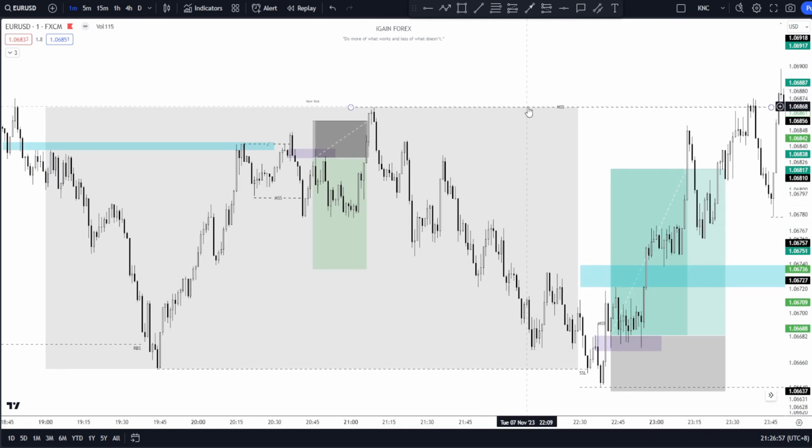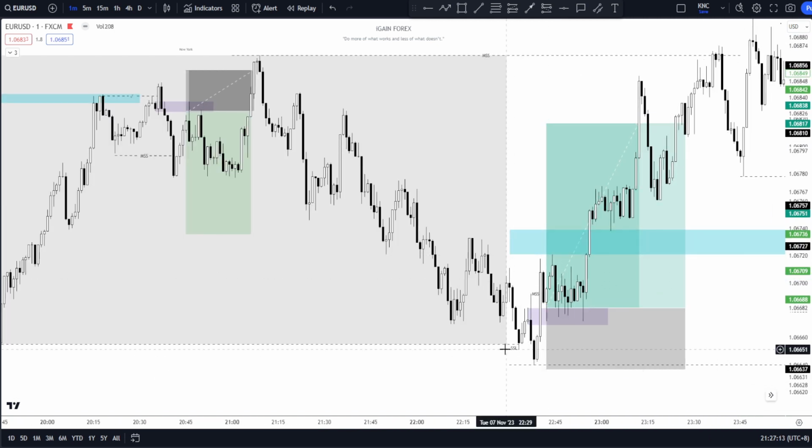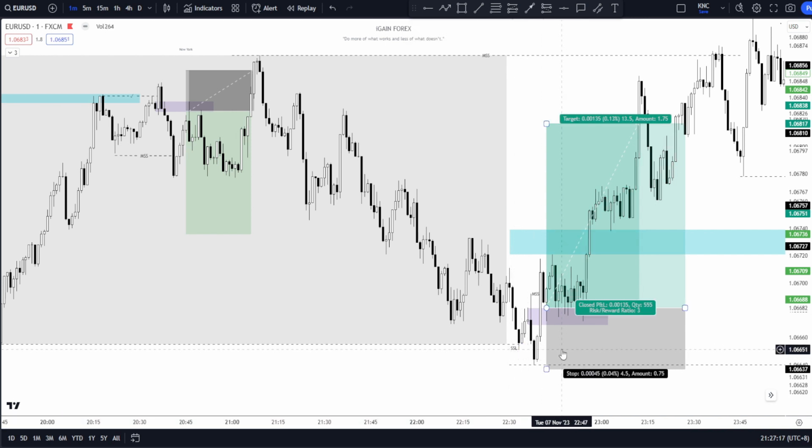For our next trade, another sell side liquidity. Actually, this is outside of the New York session, but since we are still on the chart during this time, we see this sell side liquidity has been swept, and then another liquidity sweep here.